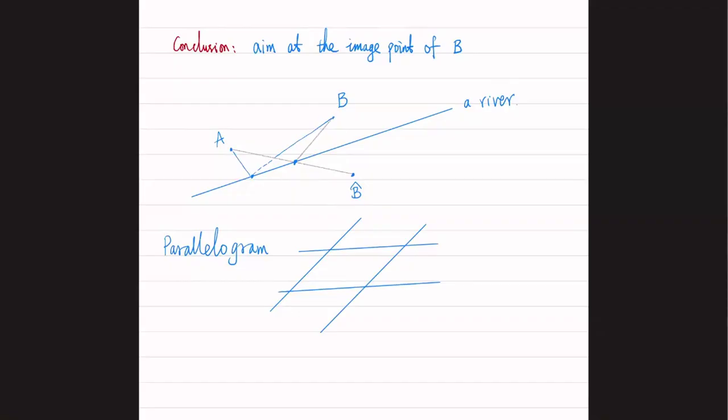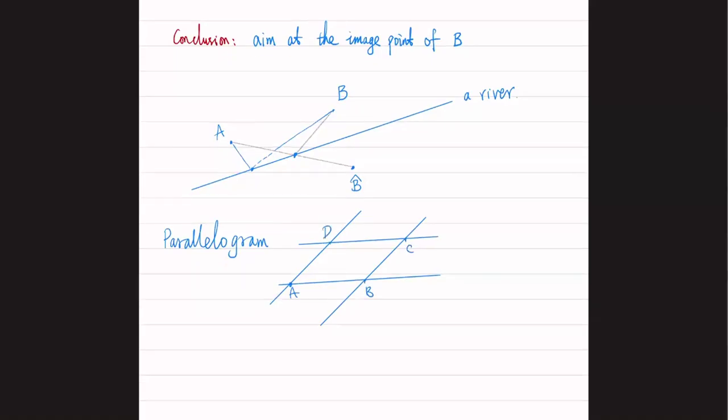So these two lines are parallel. Label this A, B, C, D. A, B, C, D. And AD is parallel to BC.